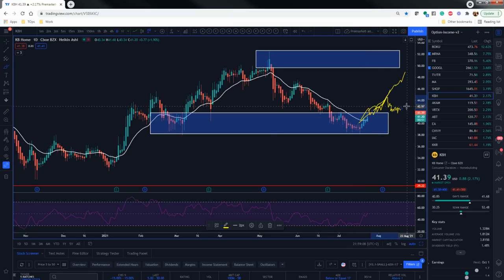Instead of buying a call, I will be selling a put option, pinned at, let's say, the strike price of 38. I will sell a put, and then I will buy a protection at 35. Why do I buy a protection?